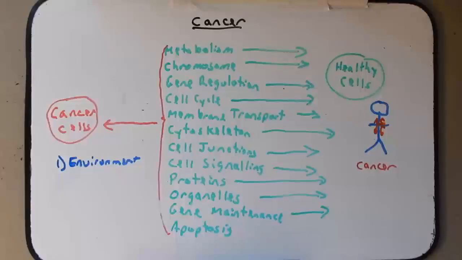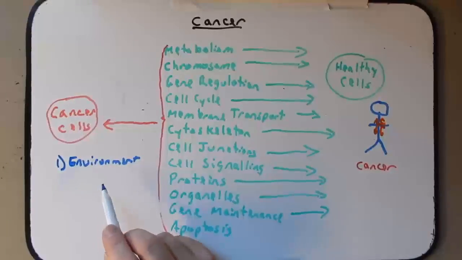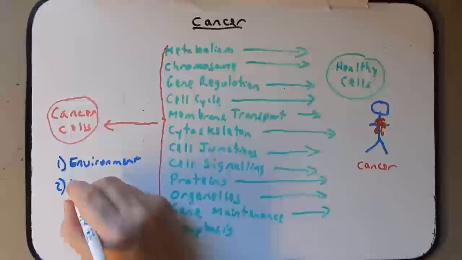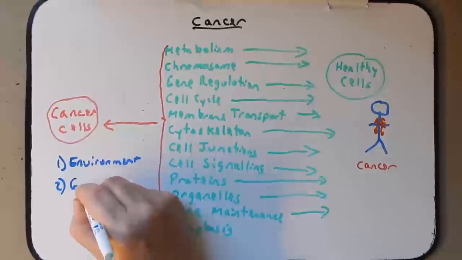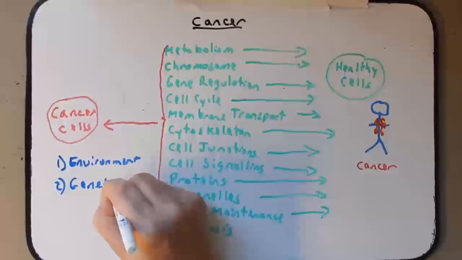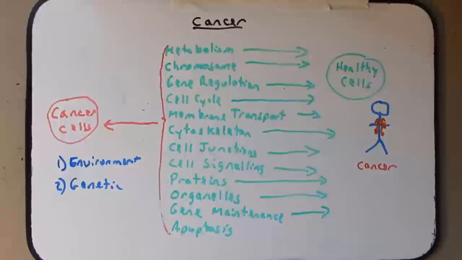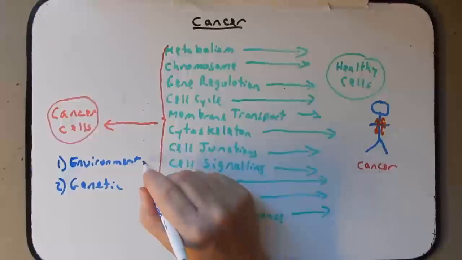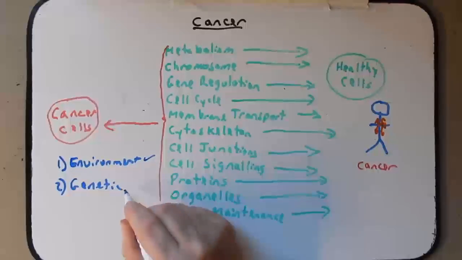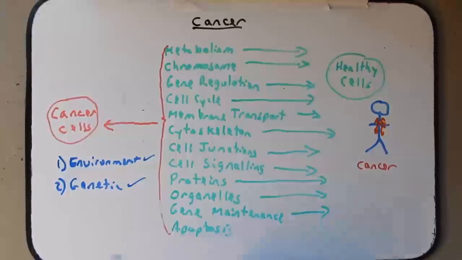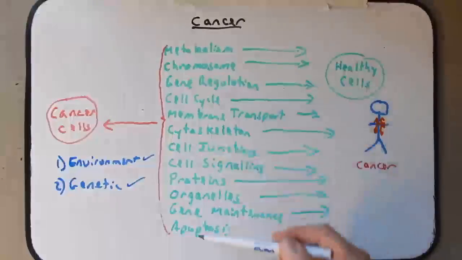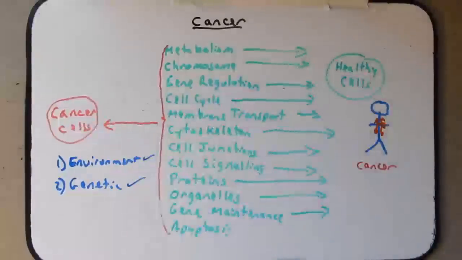Chemicals they're exposed to, lifestyle choices, this is a major contributor to forming cancer. And there is, of course, the genetic influence. And we want to talk about the environmental influence and the genetic influence to understand how when these things fail, we end up with cancer.